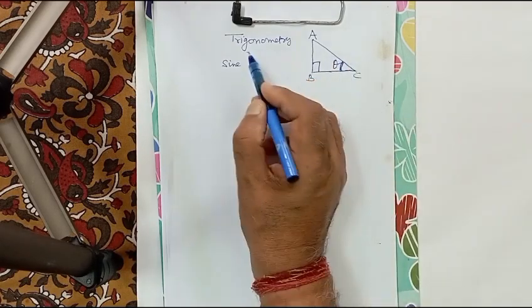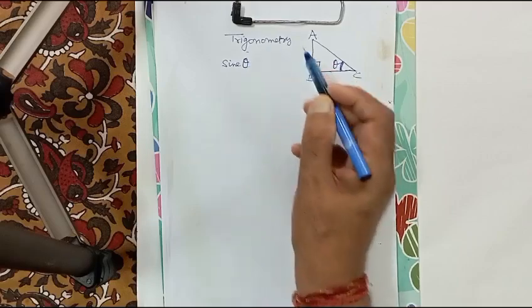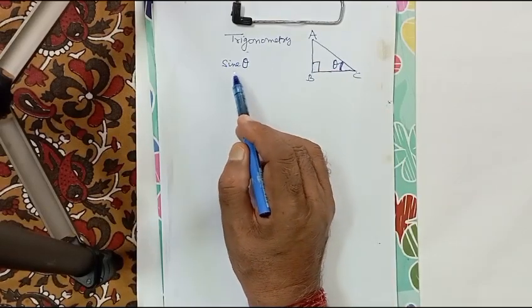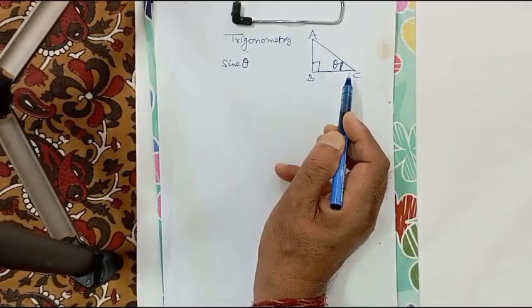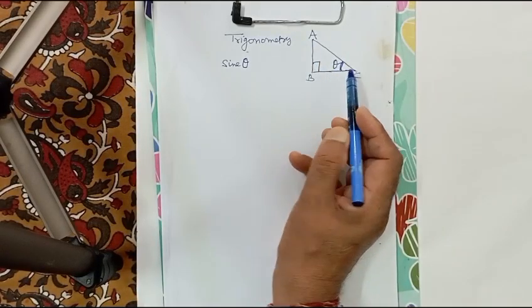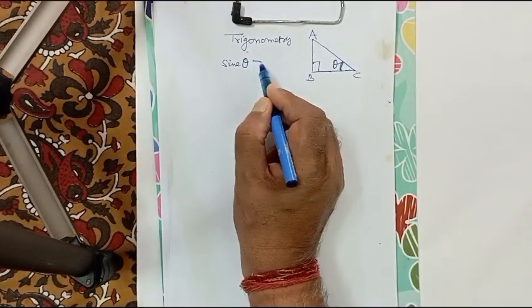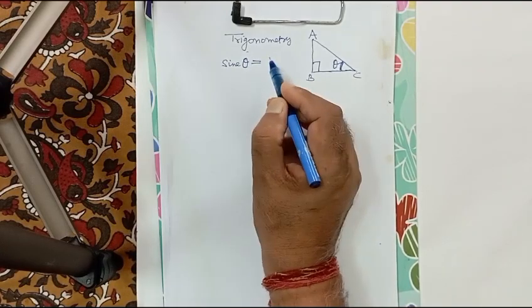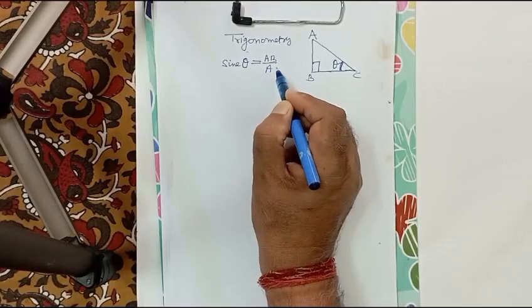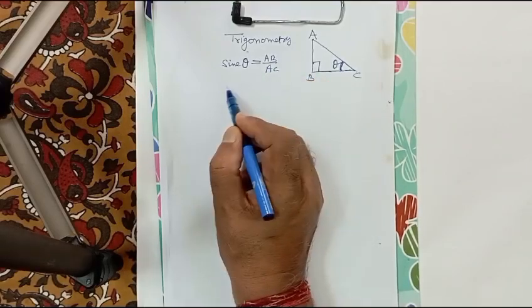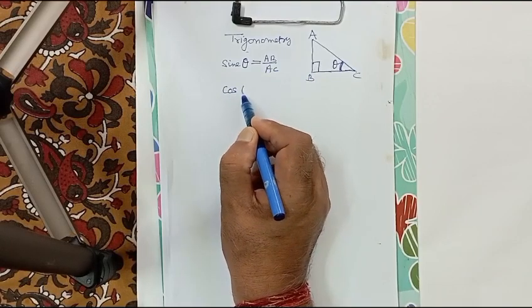So sine theta means the ratio between perpendicular and hypotenuse for the angle theta, and this sine theta is equal to AB upon AC.